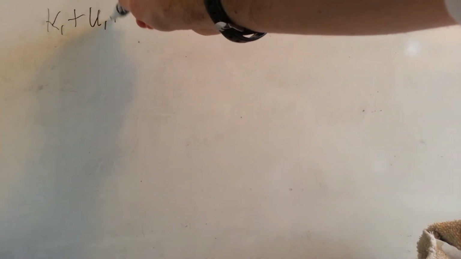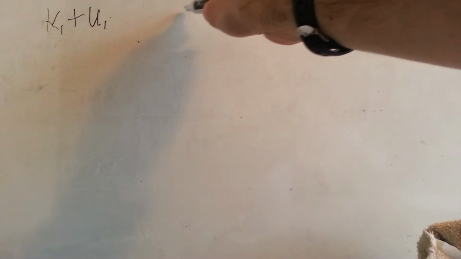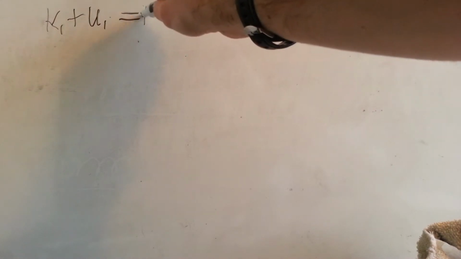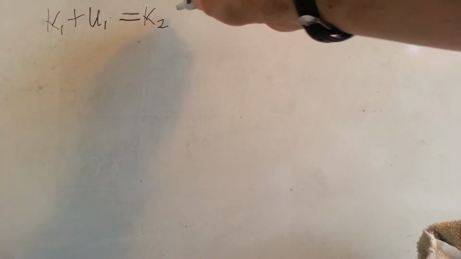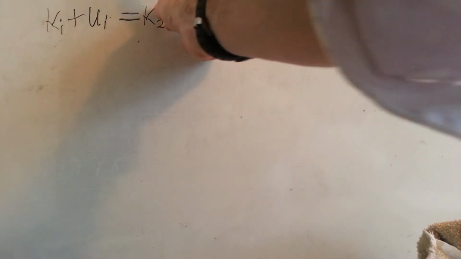Alright, so what do we know? We know at the beginning it doesn't have any kinetic energy, so we're going to be using this equation. Well, I'll leave that out for now. I'll explain why I put it in later. K initial equal to kinetic energy final. Let's make that initial. Make this final.